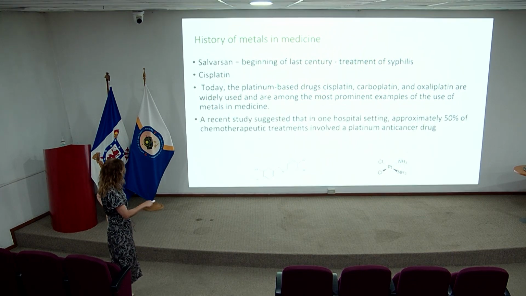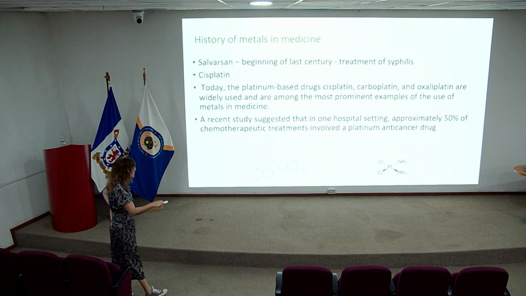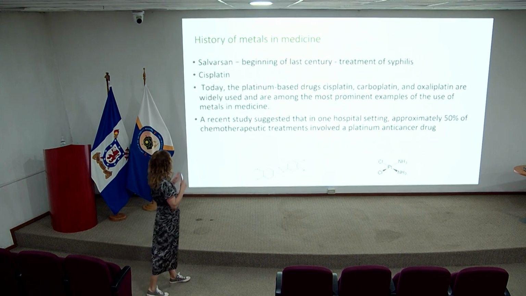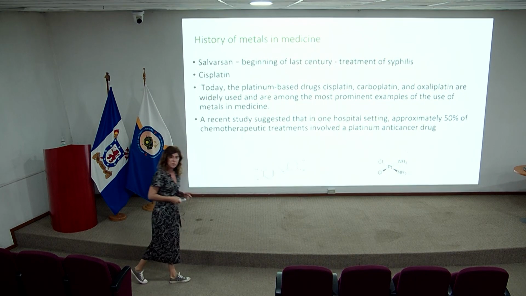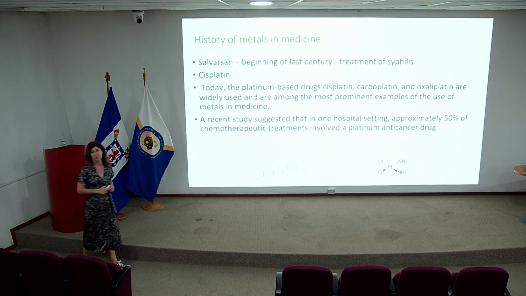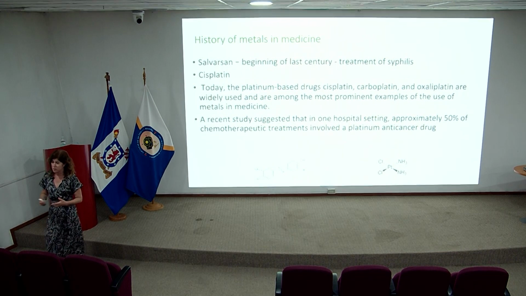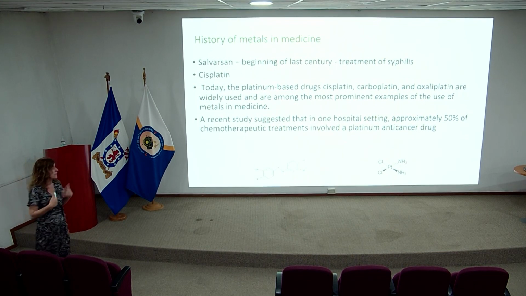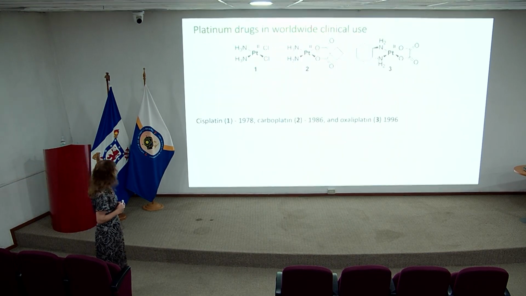I think this is quite common: approximately 50% of the chemotherapeutic treatments for cancer involve a platinum anti-cancer drug. And so this tells you about their importance and their efficacy, okay?